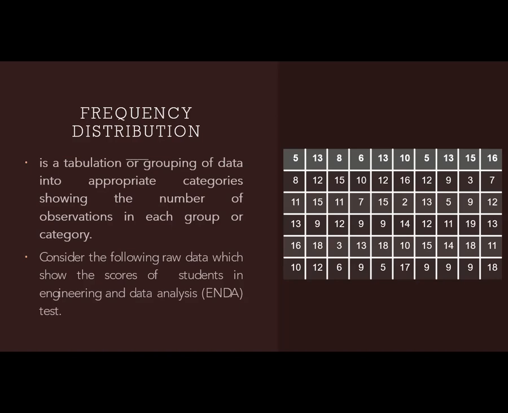And this data solely comprises unprocessed scores of students. To derive meaningful insights from this raw data, our next step involves the creation of a frequency distribution table for us to make sense of this data.